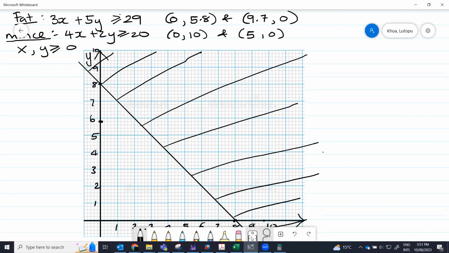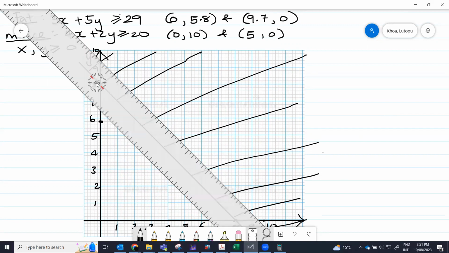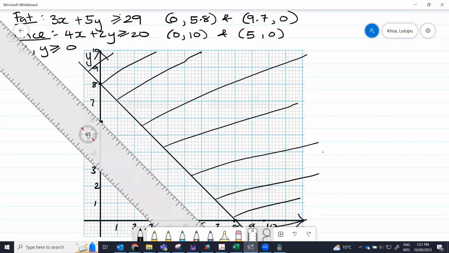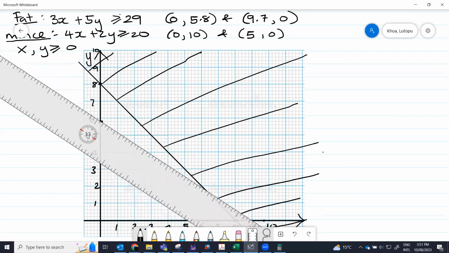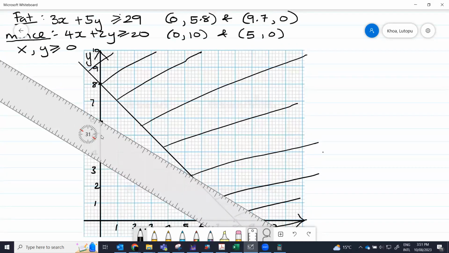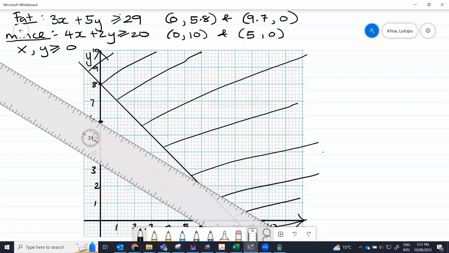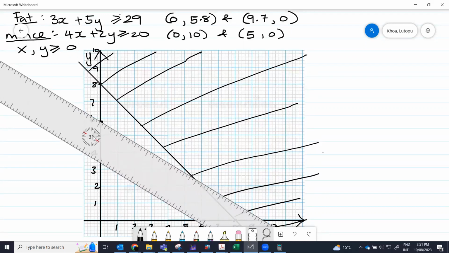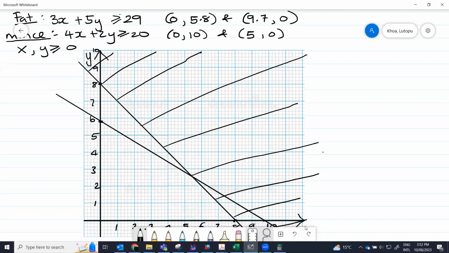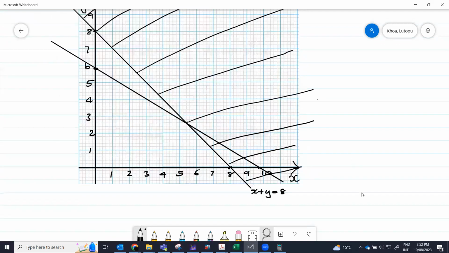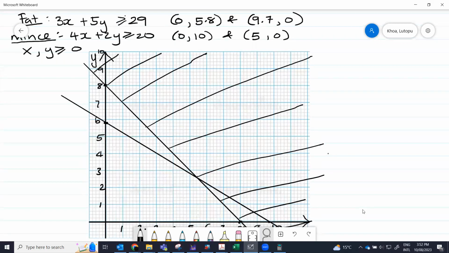And then again, you take a ruler and connect the 2 points. Okay, and then you label your line.